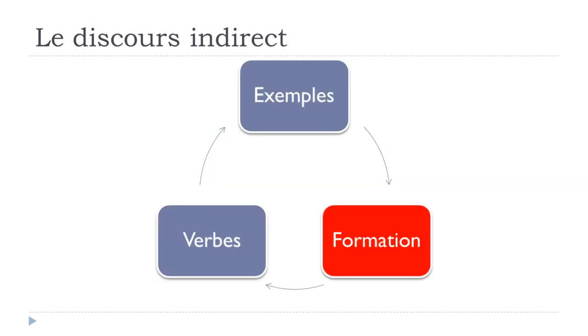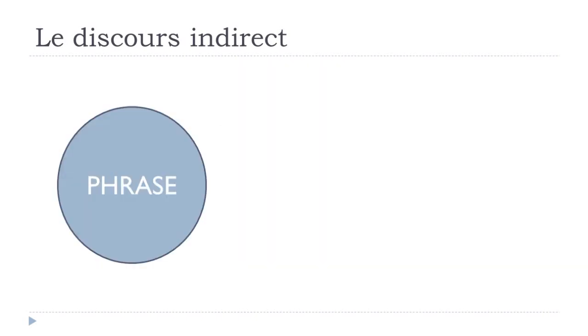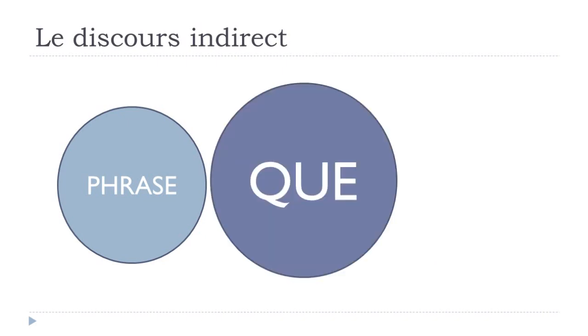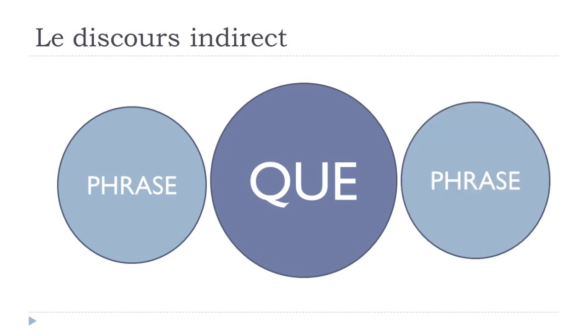So keep in mind la formation: you will put first the first part of the sentence, then que, which could be translated with that in English, and the rest of the sentence, which you should, in some cases, modify. We're talking about the subject and the verb.